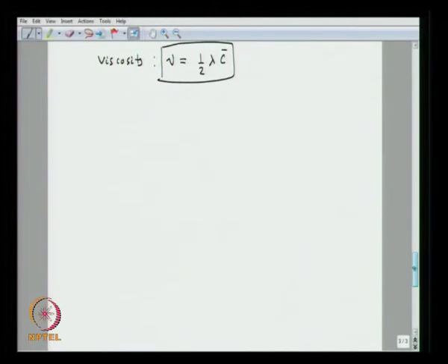Next, let us look at some of the dimensionless parameters in gas flows. We will look at the Mach number, denoted by Ma, the Knudsen number, denoted by Kn, and the Reynolds number, Re, and we will see how they are related.